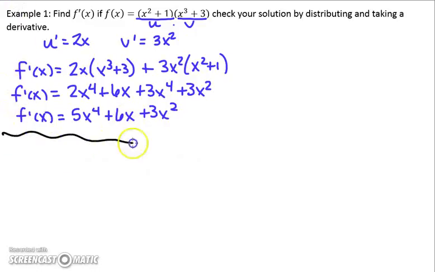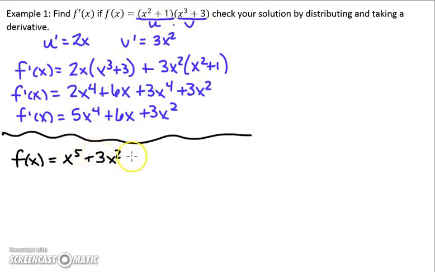Then let's start this problem again from scratch, but let's distribute first. So we're going to get x to the fifth, then we're going to get 3x squared plus x to the third, and then plus 3. If we take the derivative of this function, it should match what we have up here. So let's do that using our power rule.